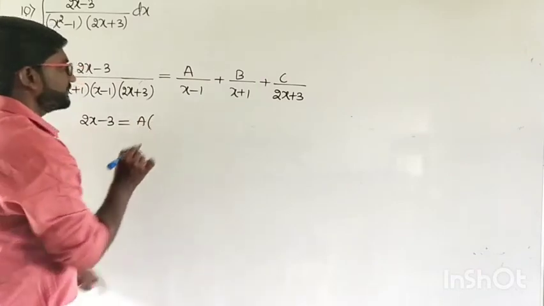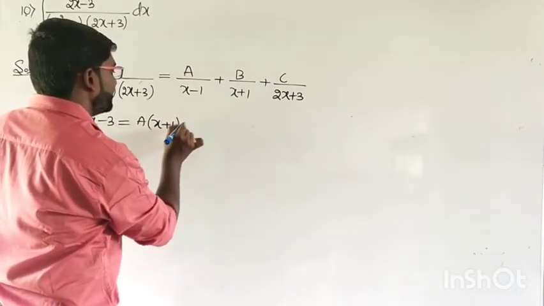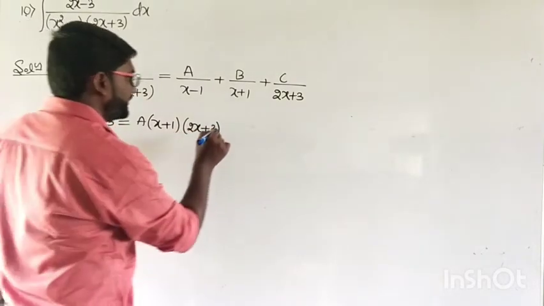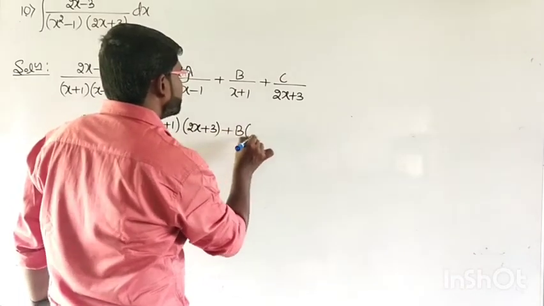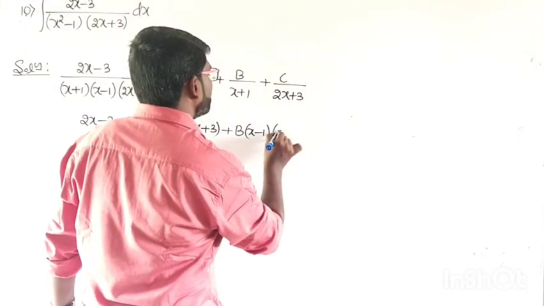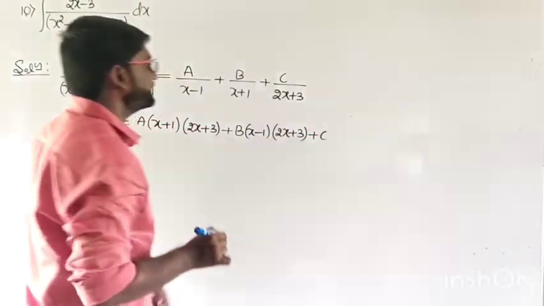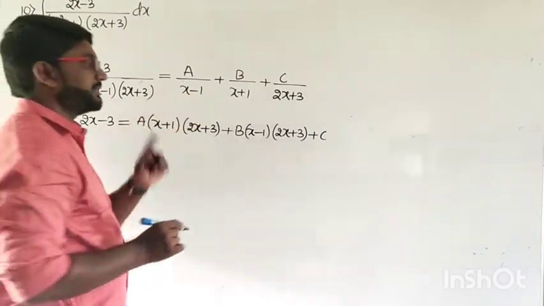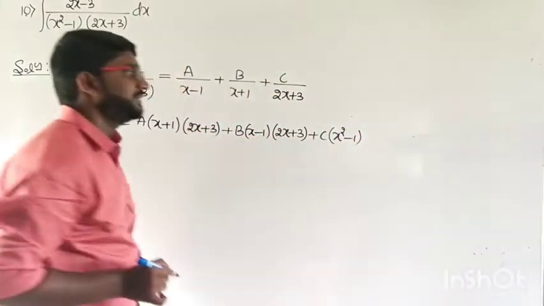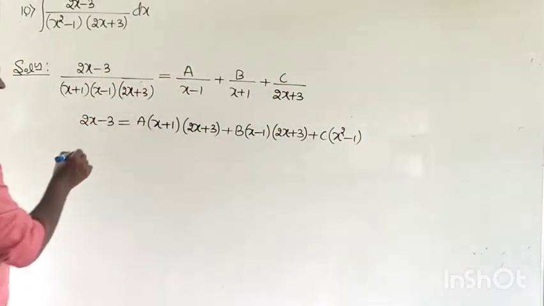So write the terms other than this one, that is (x plus 1) into (2x plus 3), then plus B times (x minus 1) into (2x plus 3), plus C times (x minus 1) into (x plus 1), that is x square minus 1. So now we have to find the values of A, B, C.